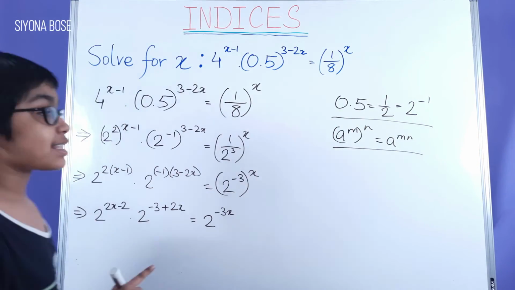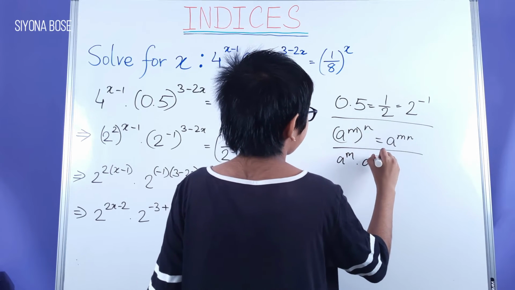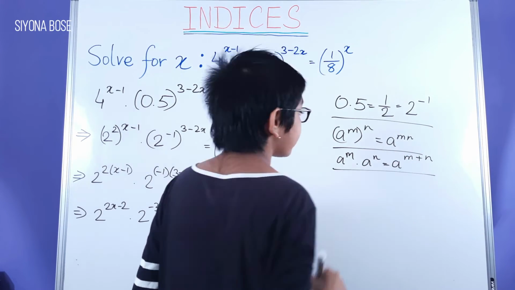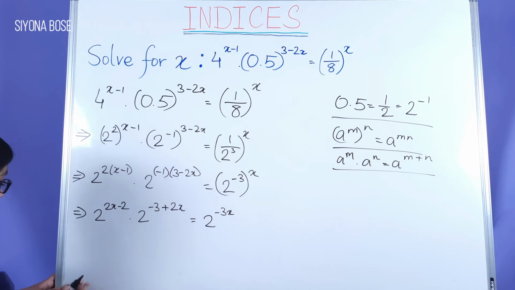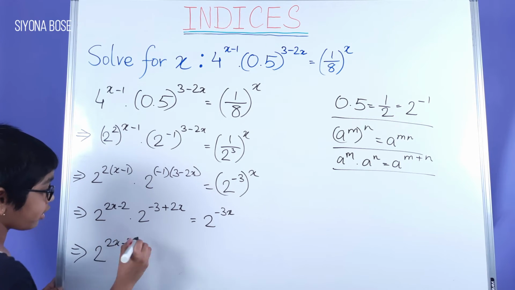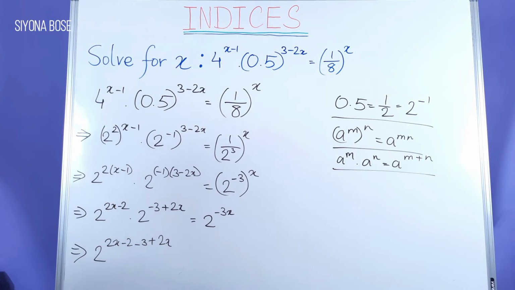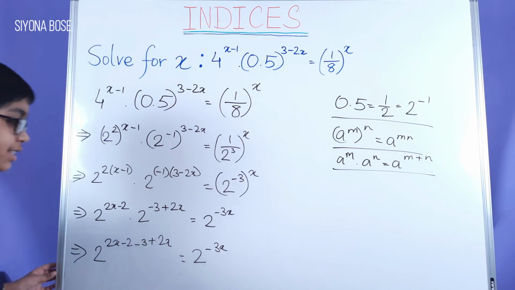Now we know that a^m into a^n is equal to a^(m+n). Keeping that in mind, we have 2^(2x-2-3+2x) equal to 2^(-3x).